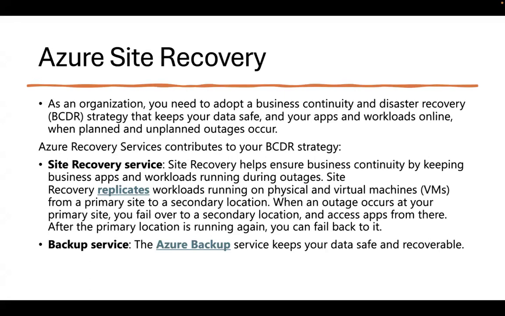When an outage occurs at the primary site, we fail over to the secondary location, and access to the apps happens from the secondary region. After the primary location starts running again, we fail back to the primary region. That's how the Site Recovery service works.